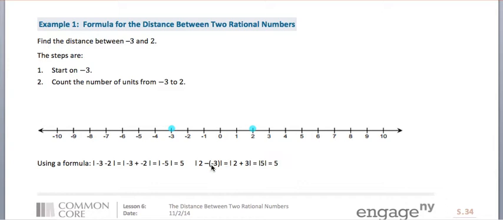And so switching the order of the numbers, we would start with 2 and subtract -3, and then changing our subtraction to addition, we're doing 2 plus +3, because when we change it to addition, we also have to change the number after it to its opposite or inverse. 2 plus 3 is 5, and the absolute value of 5 is 5. The distance between those two numbers is exactly the same, no matter which number you start with.